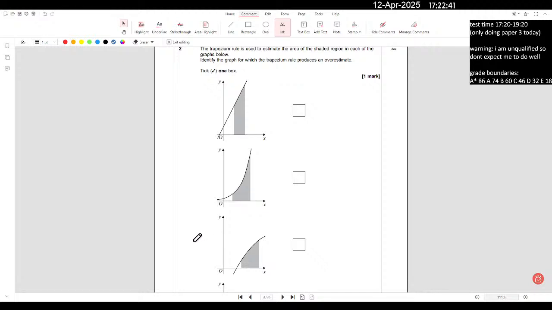The thing is, I don't really know what the trapezium rule is. I think it's if you break it down into trapeziums and then you calculate the area, but I don't really know how that works.